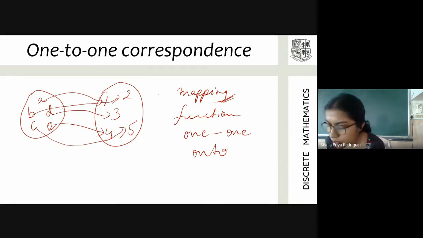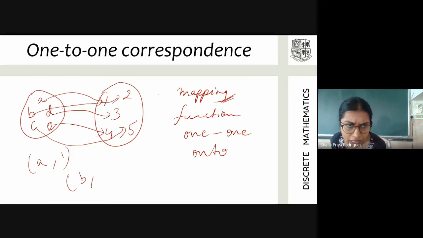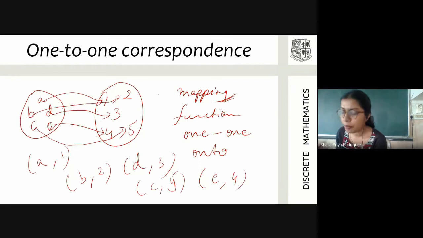So you see here that the elements in the first set are being paired off with the elements in the second set. You can form pairs here. A is mapped to 1, B to 2, D to 3, C to 5, E to 4. Okay, you can form pairs.